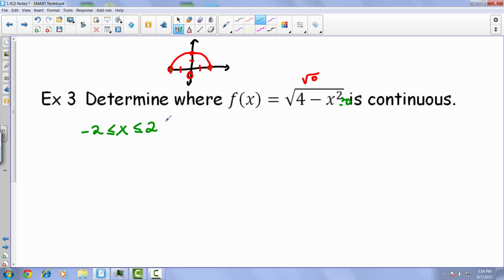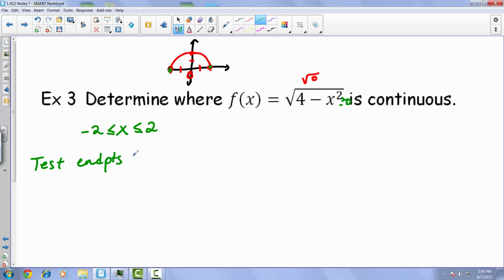Now, let's test the endpoints to see if it is in fact continuous right here and here. From our graph, we can see that they are, but let's verify using our 3-step criteria. So we're going to test the endpoints to see if those are in fact included as well.